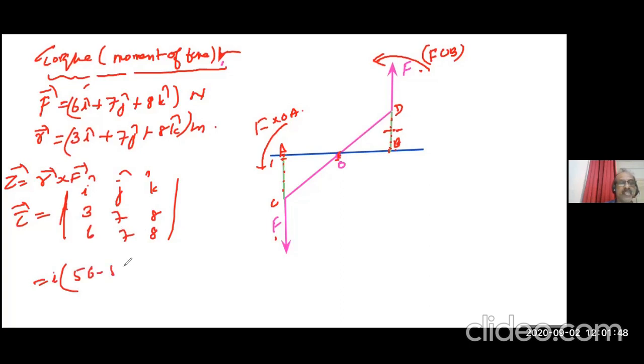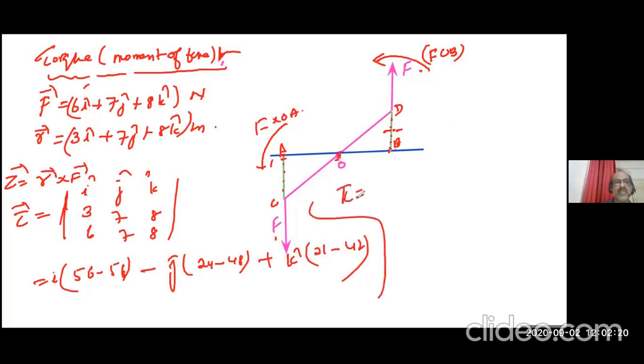Minus 56 will come, right? Second component minus j into this gone, this gone, 48. j plus k into these two cancel, 42. So your final answer will come.